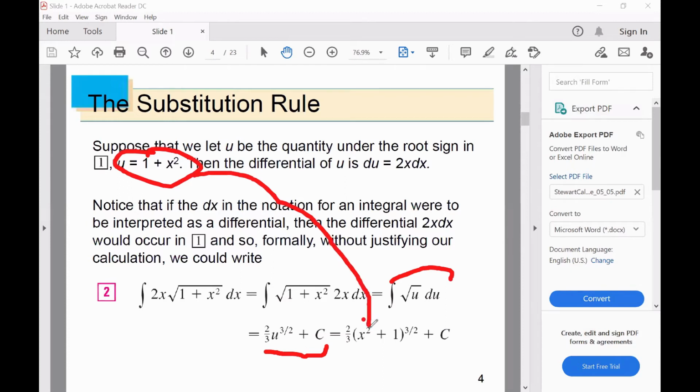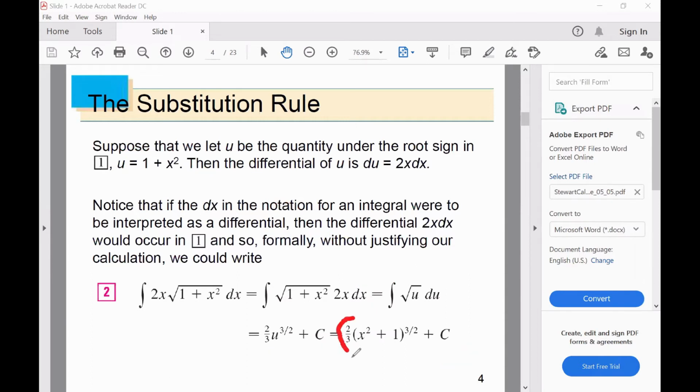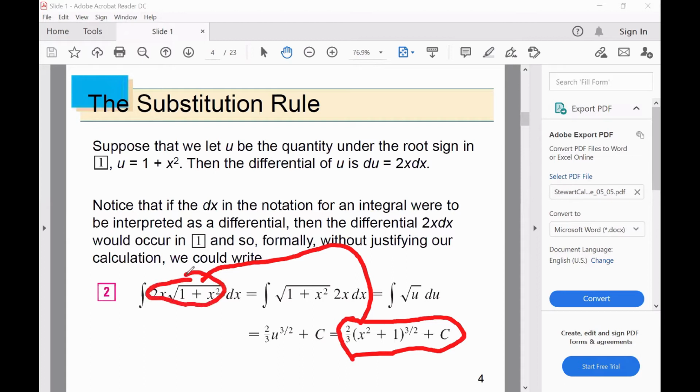This is the integral. You can verify: when we evaluate the derivative of this expression, we find exactly the original function. The derivative of the right side is equal to the left side. I hope the strategy is clear.